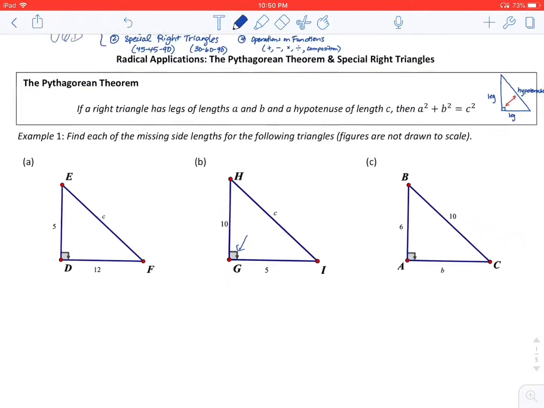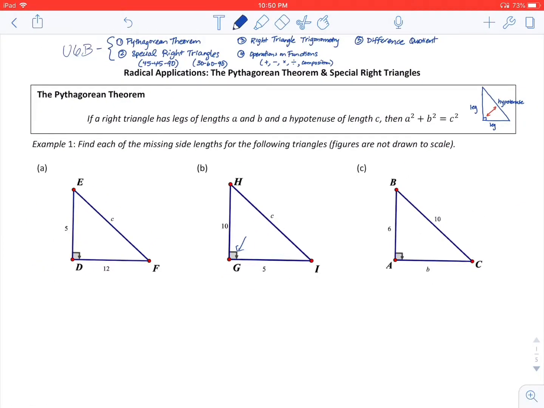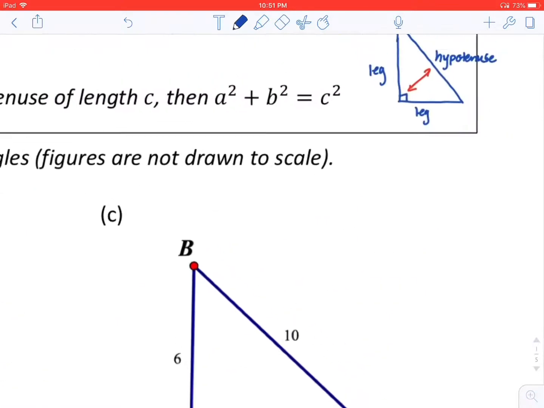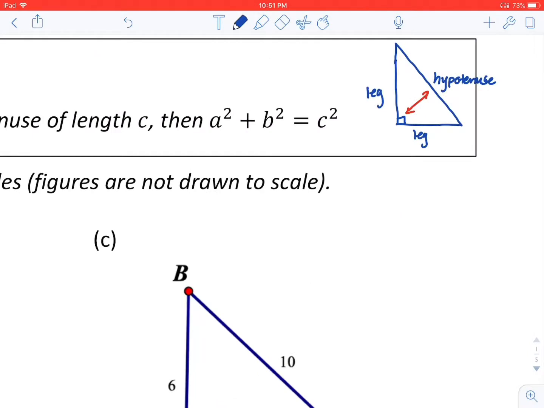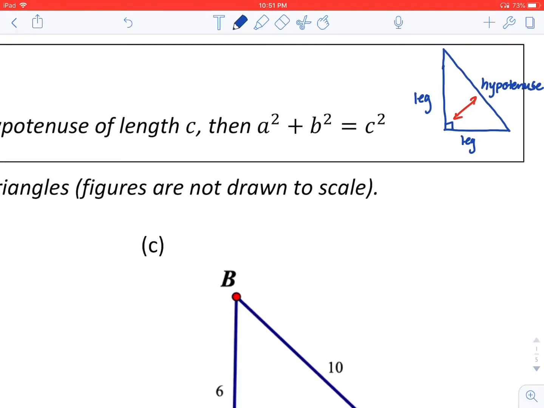What does the Pythagorean theorem say? If a right triangle has legs of length a and b and a hypotenuse of length c, then a squared plus b squared is equal to c squared. That's how you often hear it.